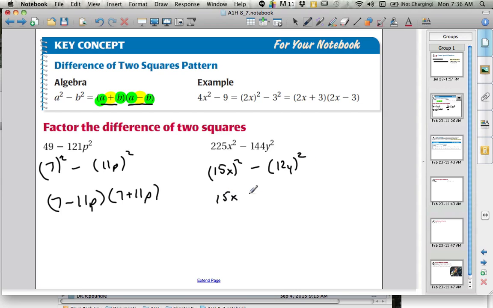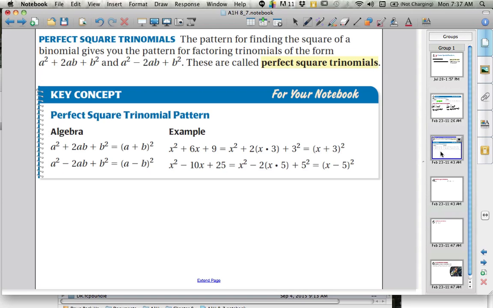And I can go ahead and write out the conjugates once I know what a and b are. So identifying special patterns involves looking at, is that a perfect square? Yes, that was 7 squared. Is this a perfect square? Yes, it's 11p squared. And then we know we're in the difference of two squares.